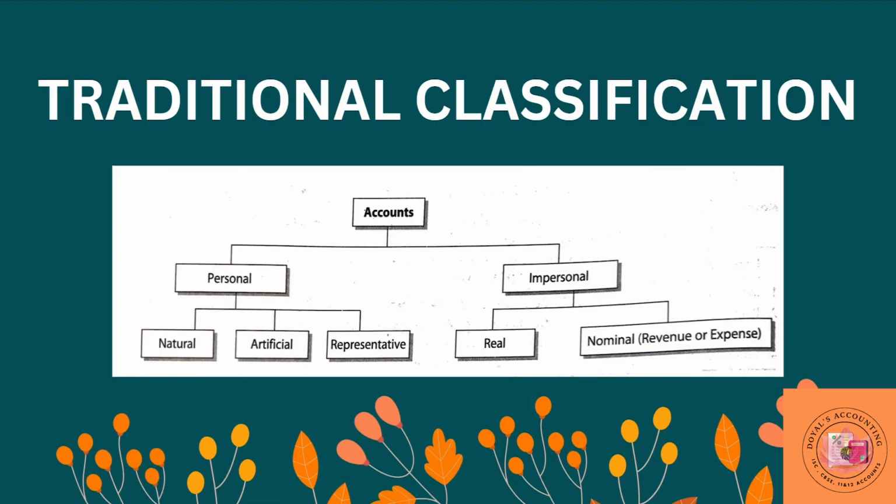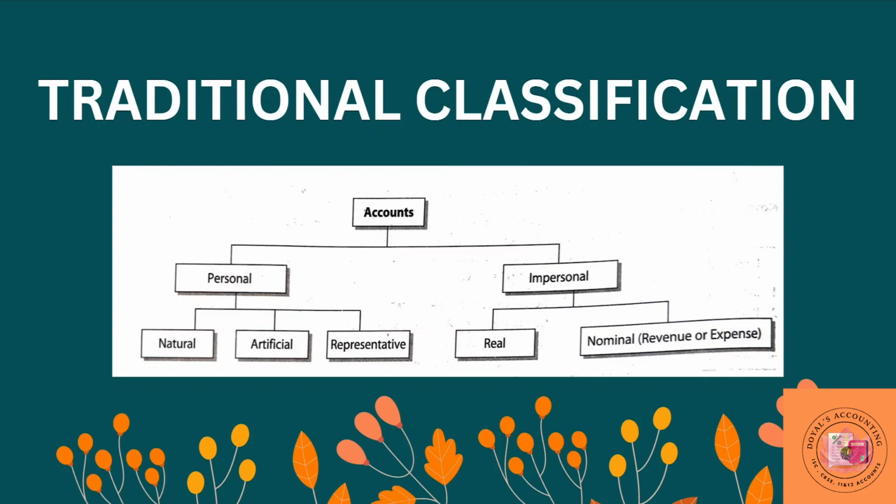Under traditional classification of accounts, accounts are divided into two. One is your personal account and the other is your impersonal account. Personal accounts are, as the name suggests, accounts of people or persons, individuals, companies, firms, debtors, creditors, capital, drawings, etc. These are all personal accounts.